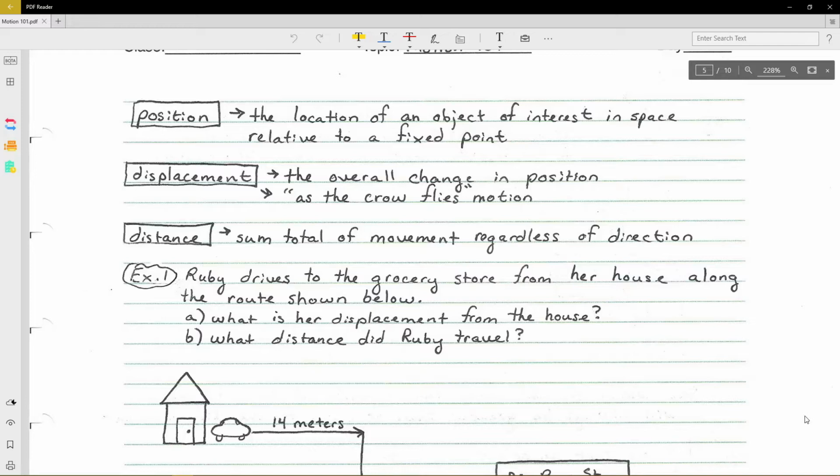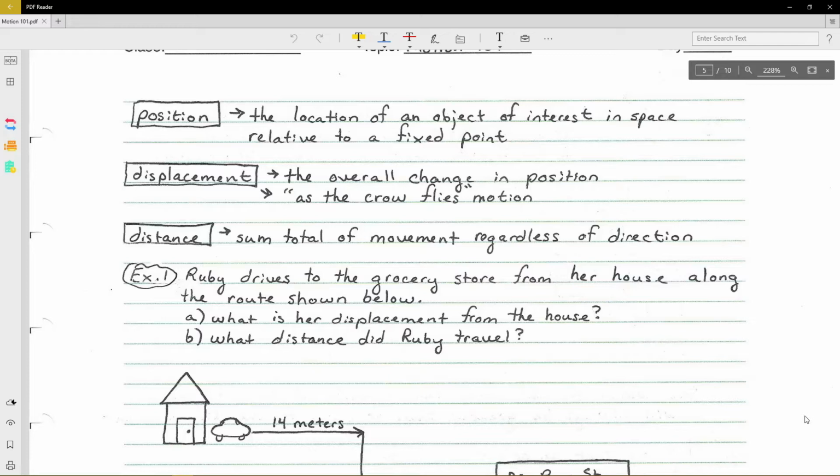So, position is the location of an object of interest in space relative to a fixed point. In that example, Corey is 10 feet from the door. The fixed point is the door. It's something in your field of view that you know exactly where it is. It is your point of reference. That is your 0 point.